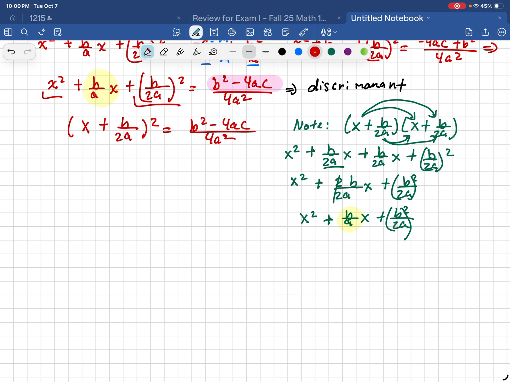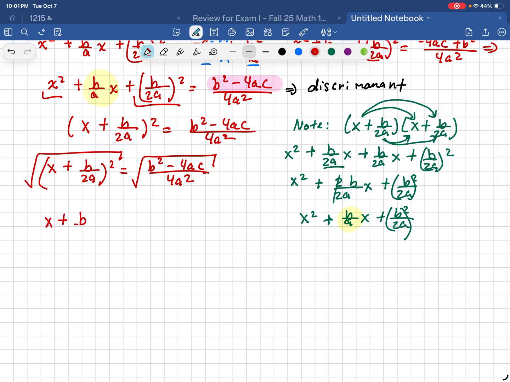So now that we have this, we have x plus b over 2a, squared, is equal to b squared minus 4ac over 4a squared. Using the square root property, I'm going to get rid of this. So I have x plus b over 2a is equal to plus or minus the square root of b squared minus 4ac over the square root of 4a squared.